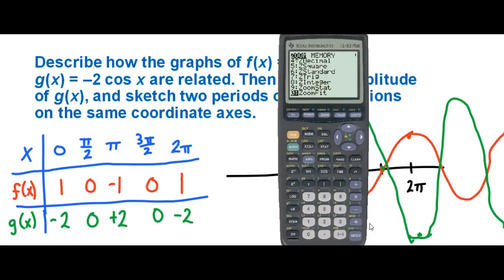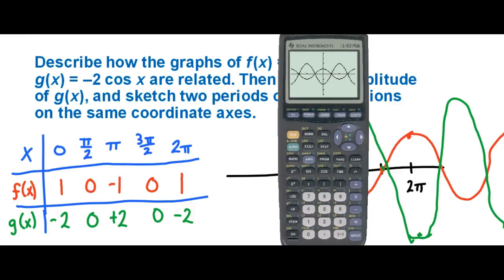Zoom trig might also be a nice option for these trig functions if this doesn't work out. Let's try zoom trig here, which is 7. There we go. That's a much better picture. So there's our cosine, and here's our -2 cosine. So that's what the graph will look like if you have a -2 on the outside.